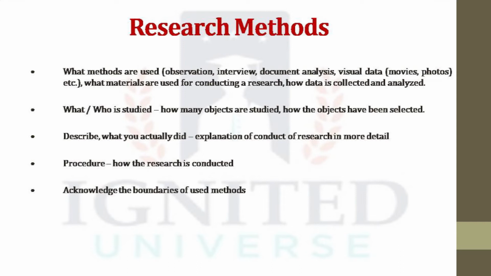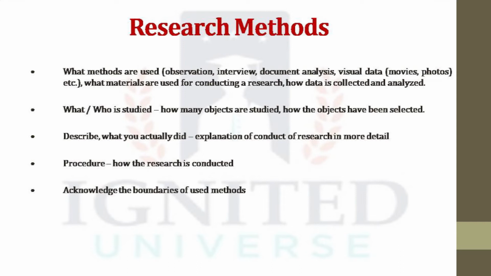For example, if you are using a Likert scale, then do mention that it is a reliable source, and if you are using your own scale, then you have to establish the reliability of that scale. So do acknowledge the boundaries of the used methods.